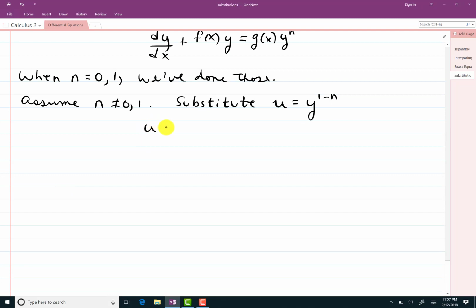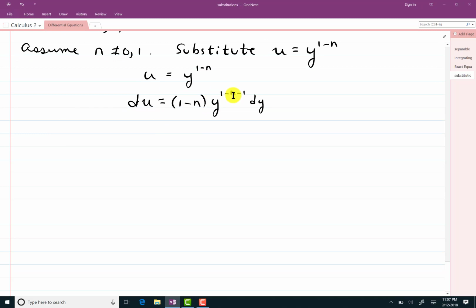When I have u equals y to the 1 minus n, if I take the derivative with respect, well, actually, let's just differentiate using differentials. So I'll get du equals, I'll bring down the 1 minus n, y to the 1 minus n minus 1 times dy.